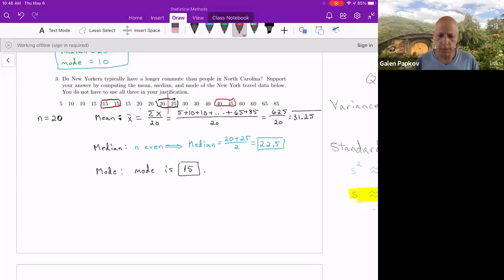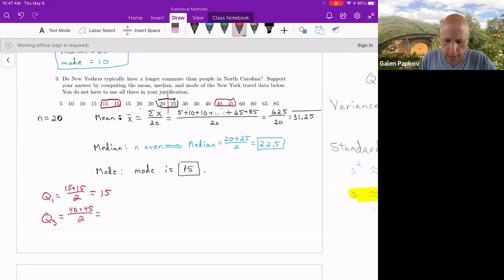And so that means that Q1 is going to be the average of 15 and 15, which is 15. And Q3 is going to be the average of 40 and 45, and that's going to be 42.5.